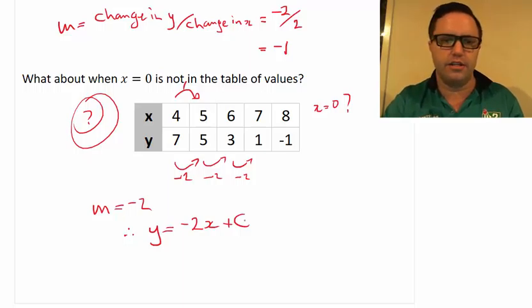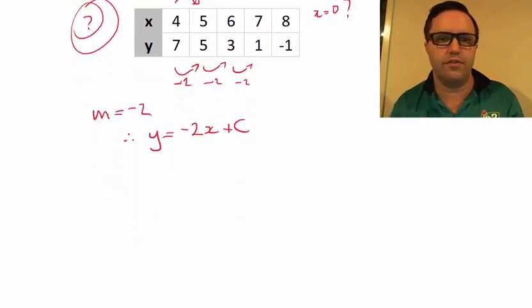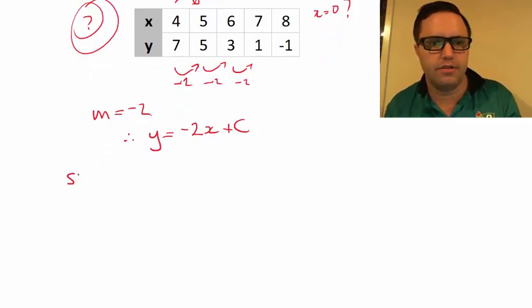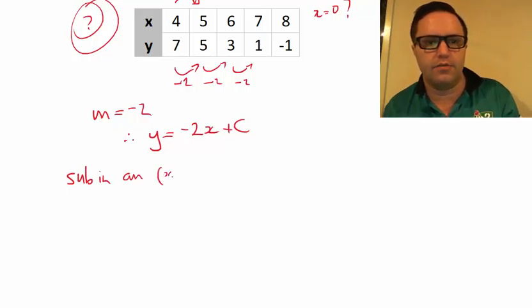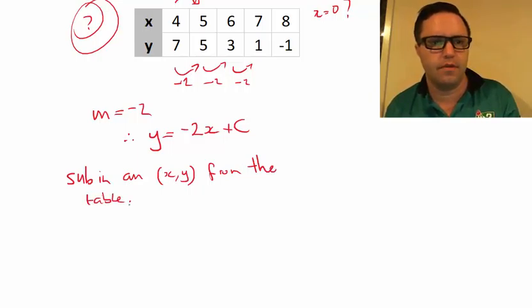So our issue is we need to try and solve for this c. So what we do is we substitute, so sub in an x and y from the table. Okay, so I'm going to choose this one, 7 and 1. Okay, so we get this, and we chuck it in here.